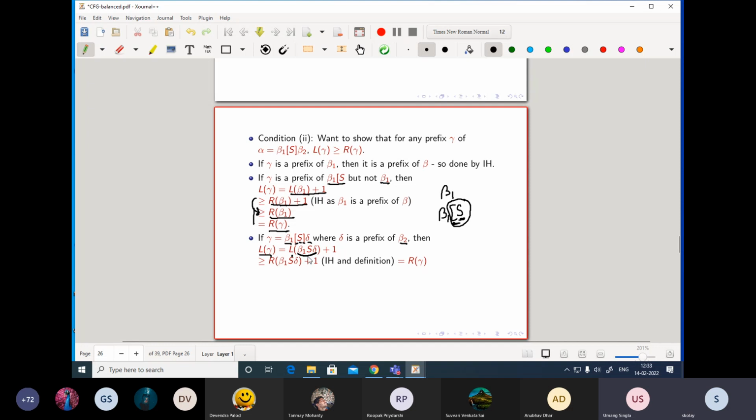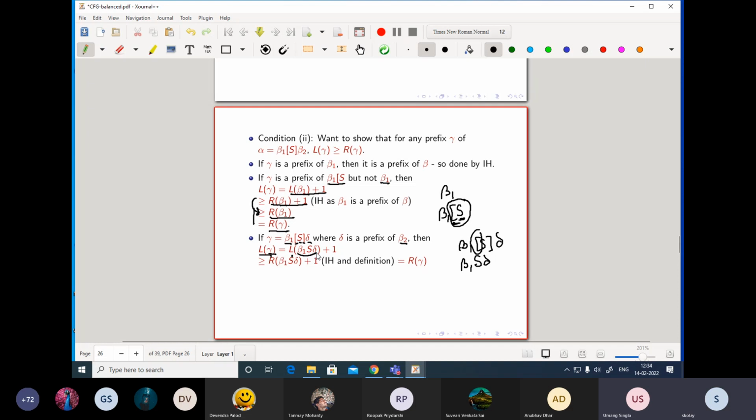If you consider the left brackets in beta 1 S delta and in gamma, there is just one extra left bracket being added. So L of gamma can be written as L of beta 1 S delta plus 1.